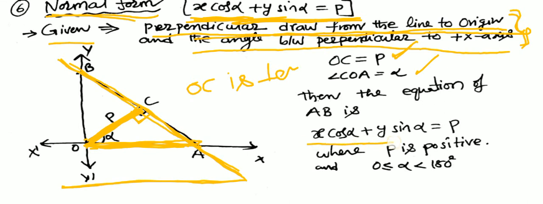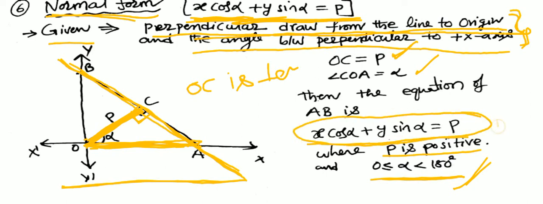Then the equation is x cos alpha plus y sin alpha is equal to p, where p is positive, and alpha is the inclination, which ranges from 0 to 180. Actually this form is not in the Tamil Nadu matriculation syllabus, but it is one of the important forms, so I explained it here. Just note down this formula and remember it. I will explain one or two problems on how to solve using this formula.